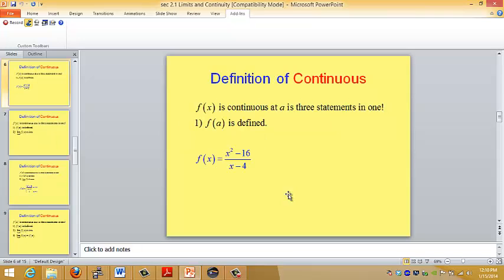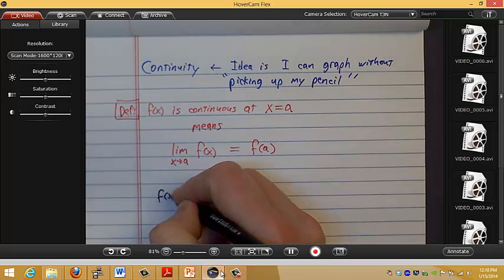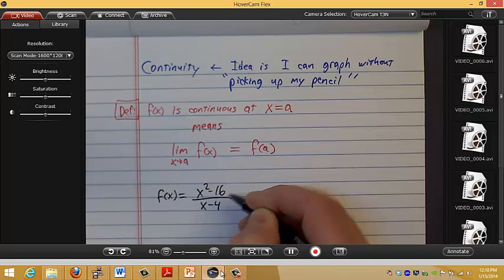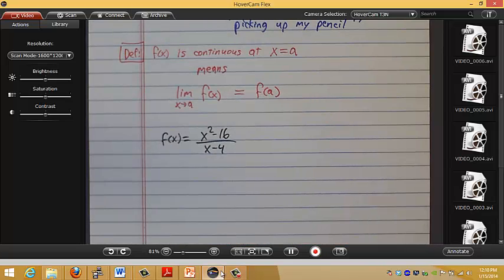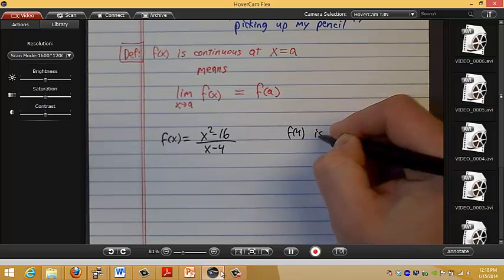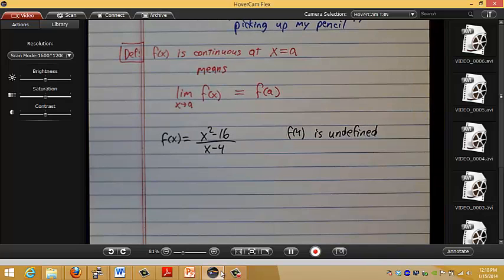Let me do that real quick, because that was a good idea. The function was f of x equals x squared minus 16 over x minus 4. And what we just said is that f of 4 is undefined. So we already blew it. It's not continuous.